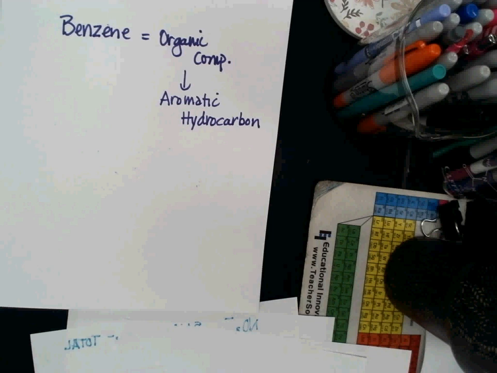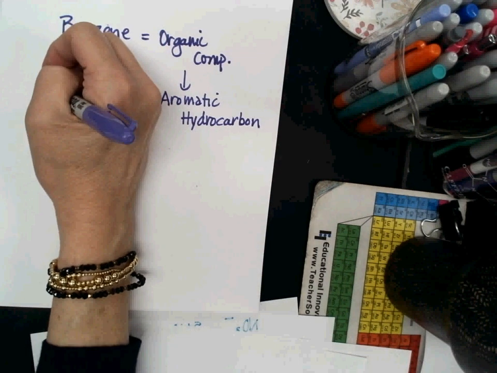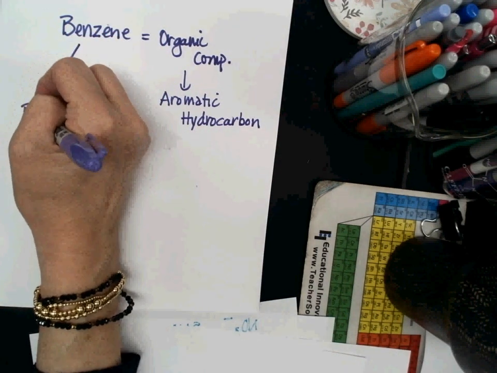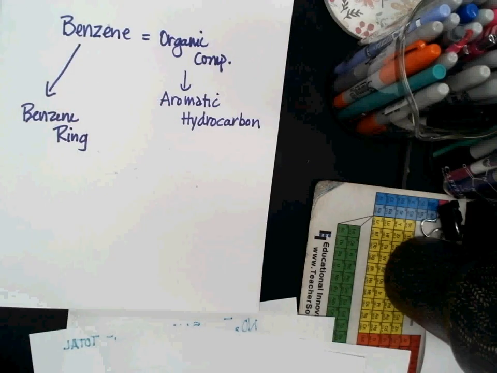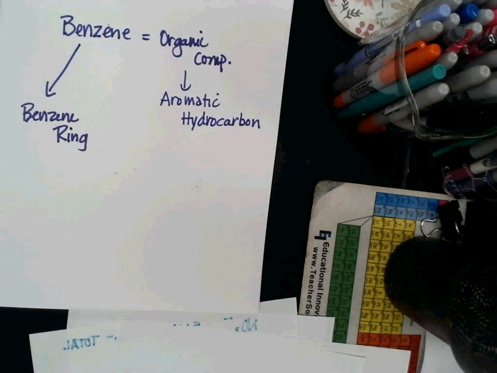It's used a lot in pharmaceuticals. Depending upon how it's being used, it may have some functional groups added to it, meaning some other things bonded to the benzene ring. But lots of times this is just called the benzene ring.